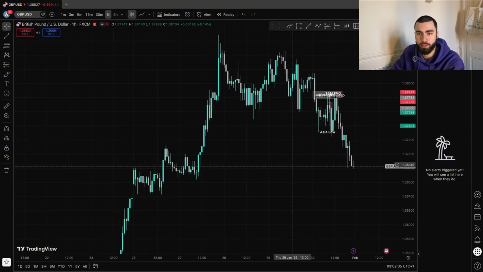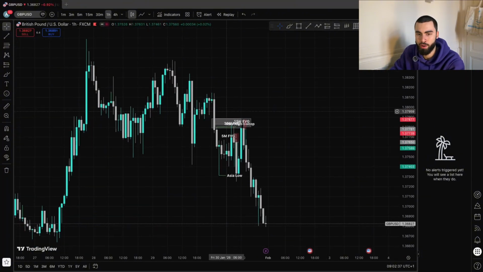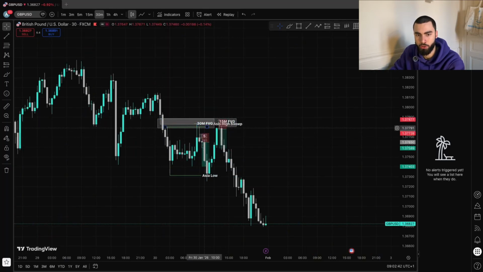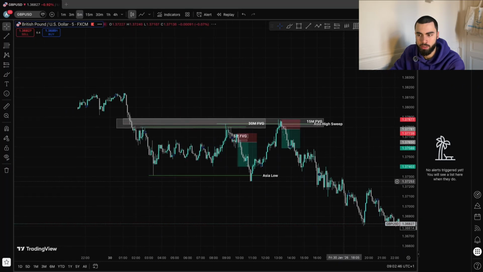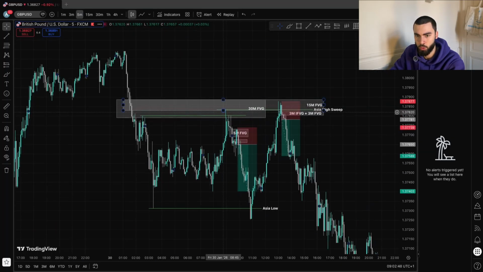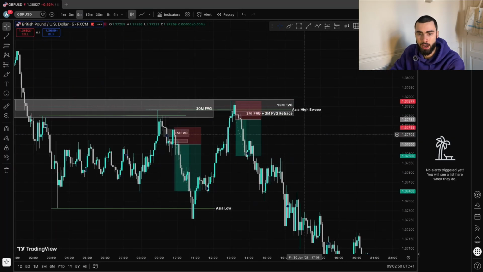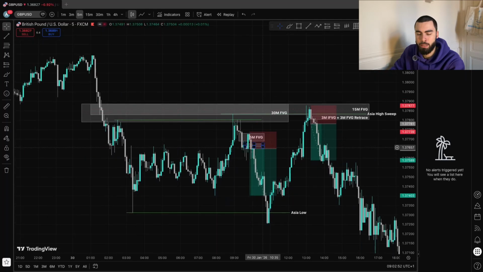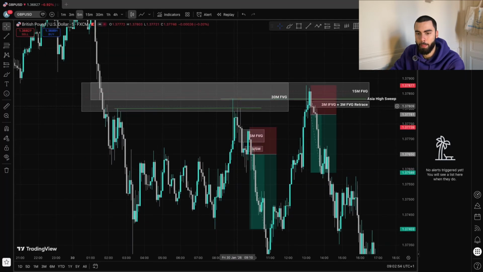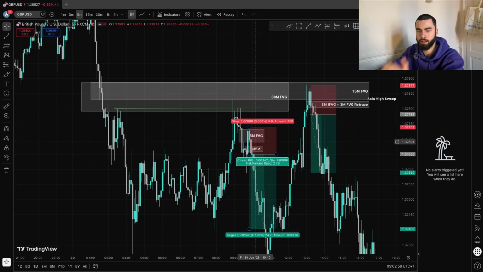So eventually, I knew price wasn't going to go up all the way here, and I went to the 30-minute and noticed this easy 30-minute fair value gap to target. Then I noticed that pre-market price already tapped into it, which created these Asia highs. I was trying to think ahead and create scenarios.